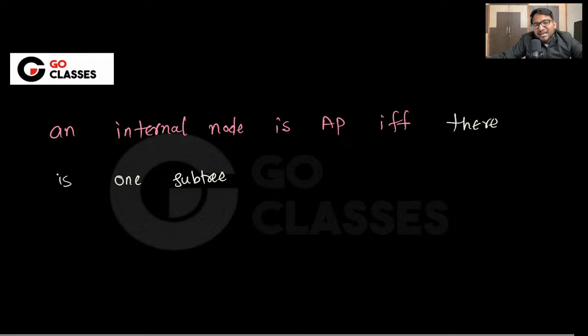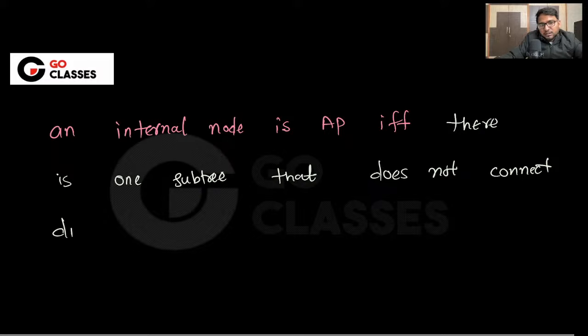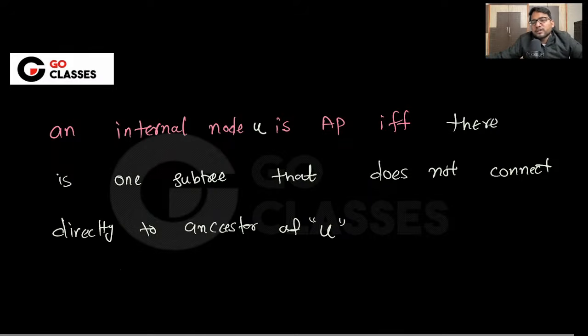There is one subtree that does not connect directly to an ancestor. You can say something like this, right? Some internal node u is an articulation point if and only if there is some subtree that is making it an articulation point. There is no direct jump from here to here.